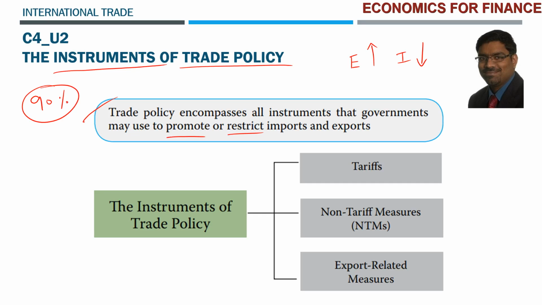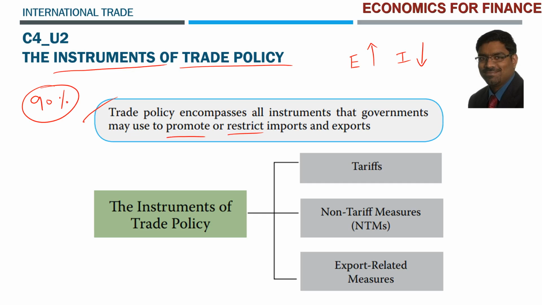But once again, those are all the efforts that governments always try to do. But through what type of instruments it will actually implement that policy, those are called the instruments of trade policy.